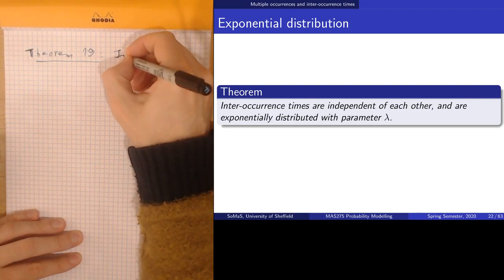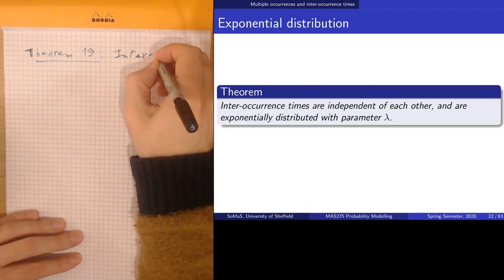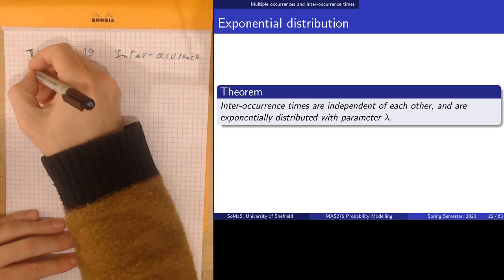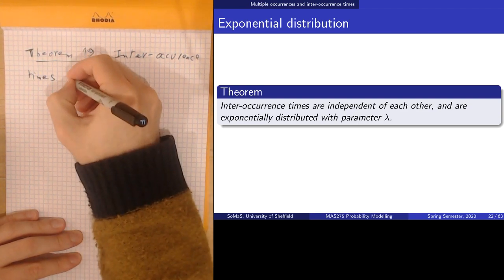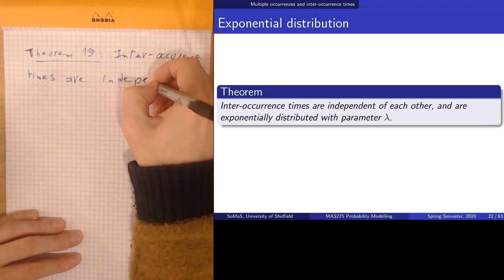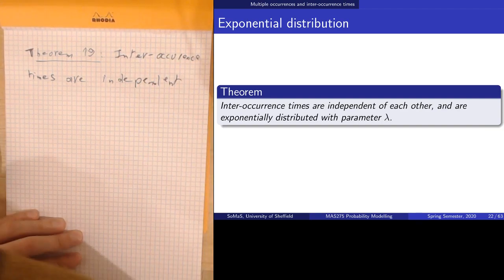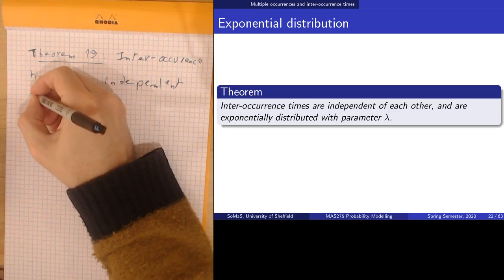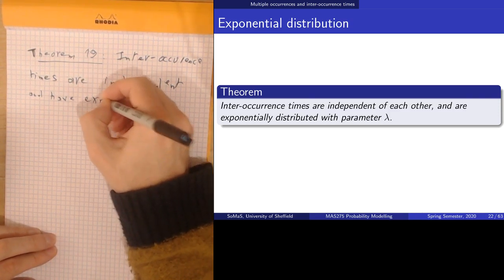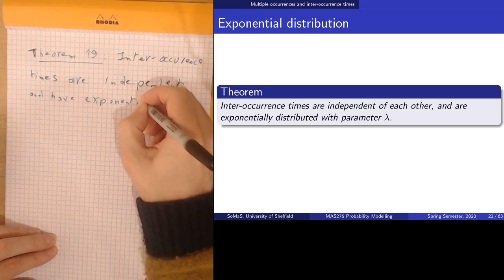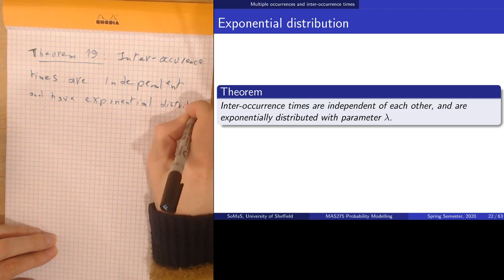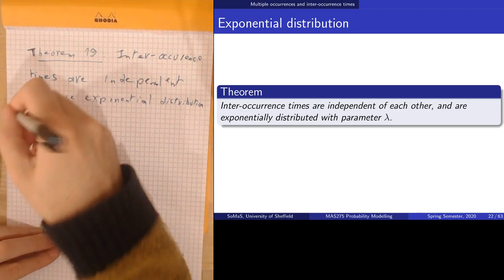The inter-arrival times, or inter-occurrence times, are independent and have exponential distribution with parameter lambda.